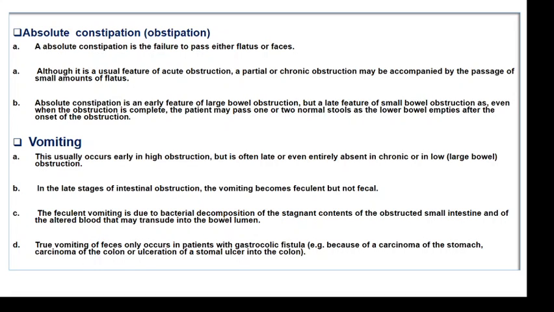This feculent vomitus is very important, because it means that the patient has lost all the gastric, all the duodenal, all the small bowel content, including the jejunum and the upper part and part of the lower part of the ileum. So the patient will have severe electrolyte and acid-base imbalance, and this is regarded as an ominous sign in intestinal obstruction.